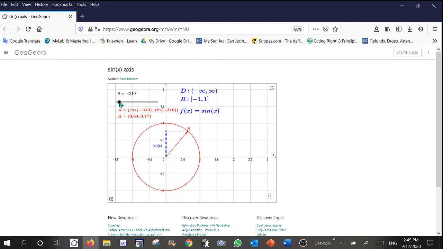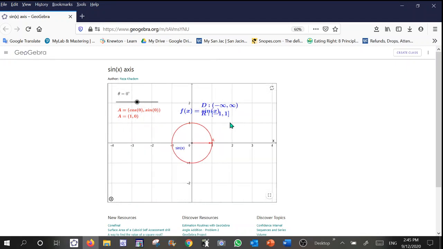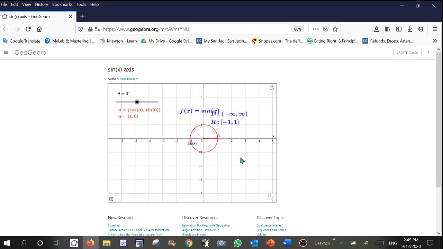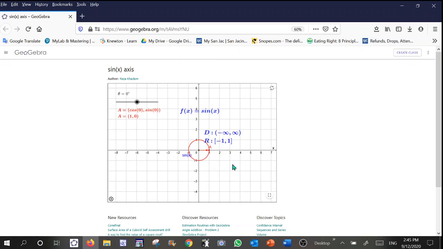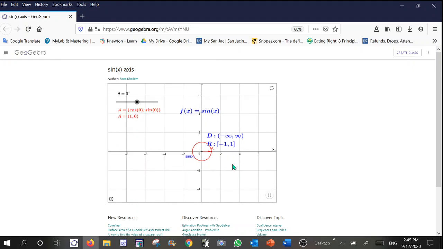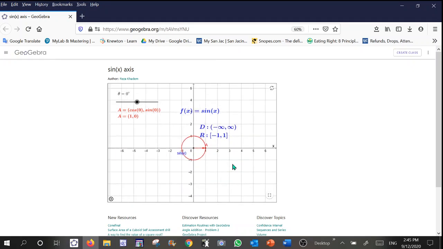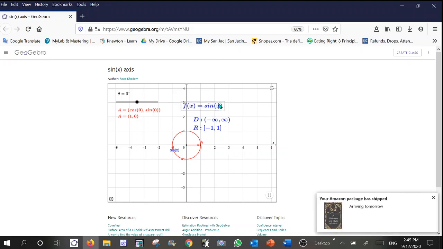So what I'm going to do, I'm going to go to angle 0 right about here. And then I want to zoom out so I can see at least 2 pi right here. That's good enough. All right, let me make it a little bit bigger. So there we go. So now I'm going to graph f of x equals sine x.